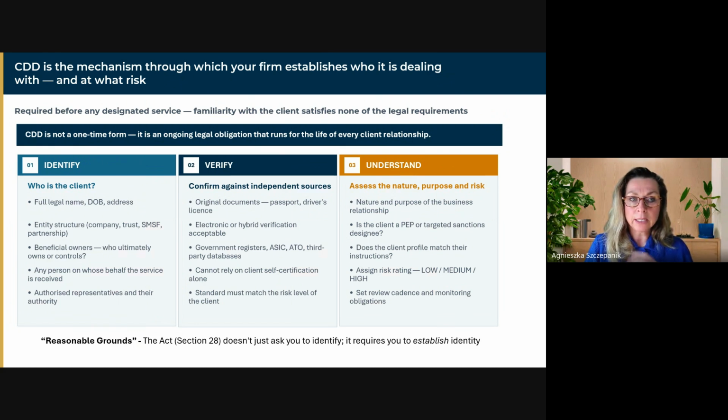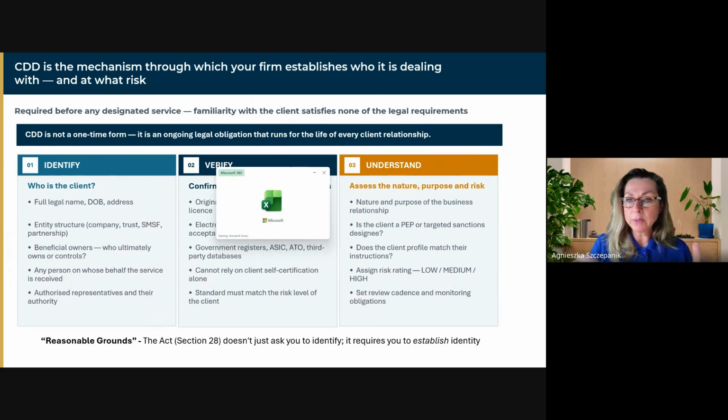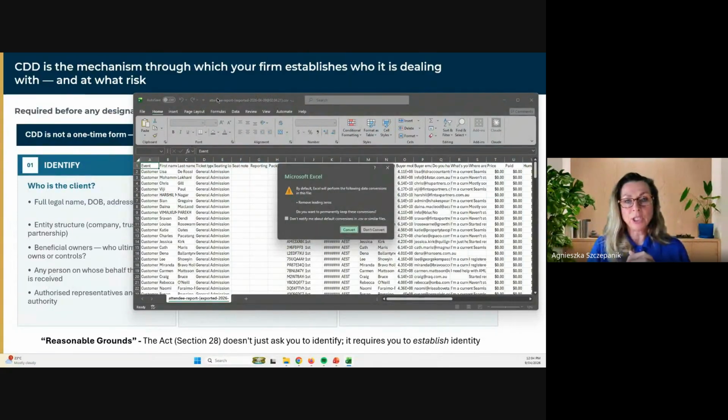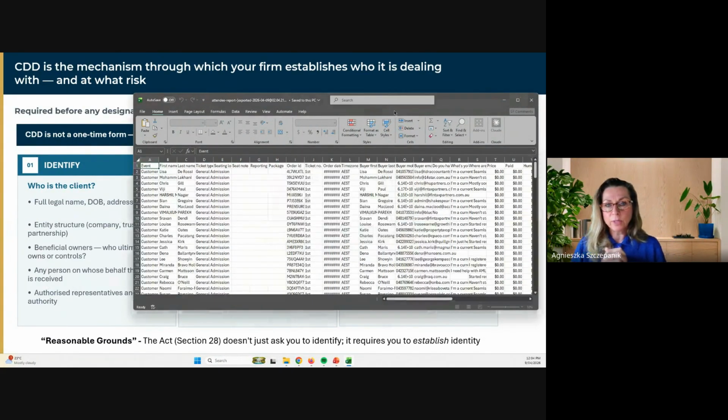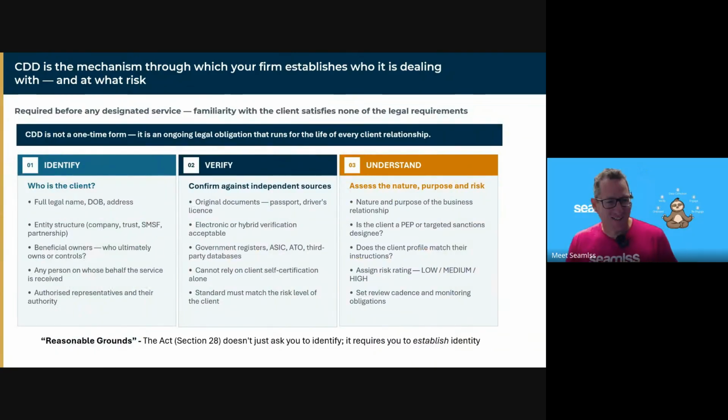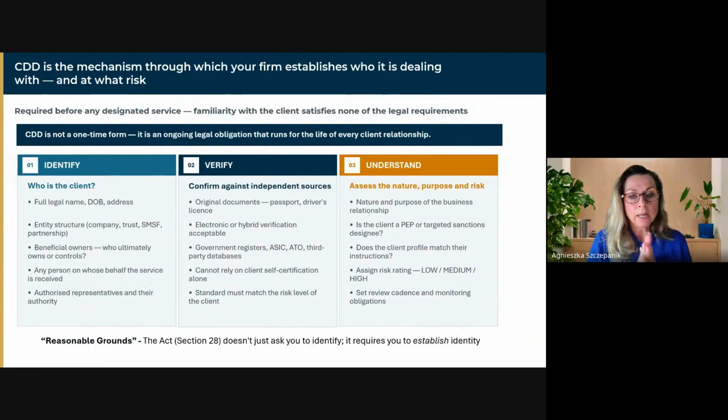So you need to understand the full legal name, date of birth, address, etc. for each individual. Oh, we've got an Excel spreadsheet coming up, Clayton. Entity structure. What kind of entity structure? If it's not an individual, it's coming in. Is it a company of some sort?